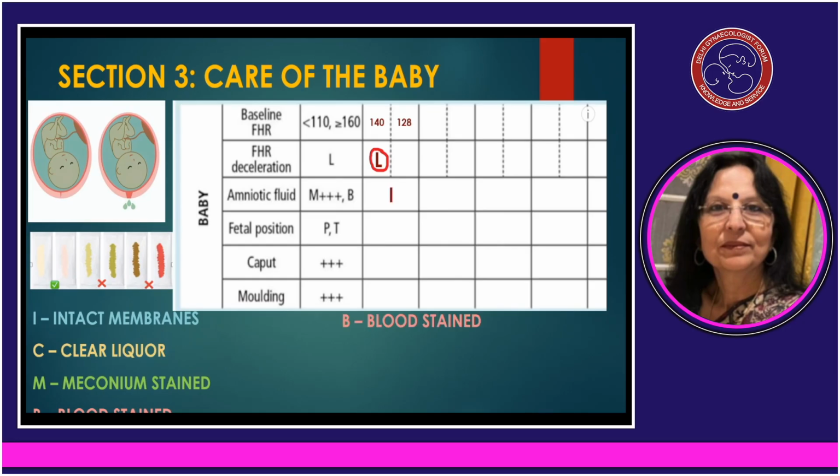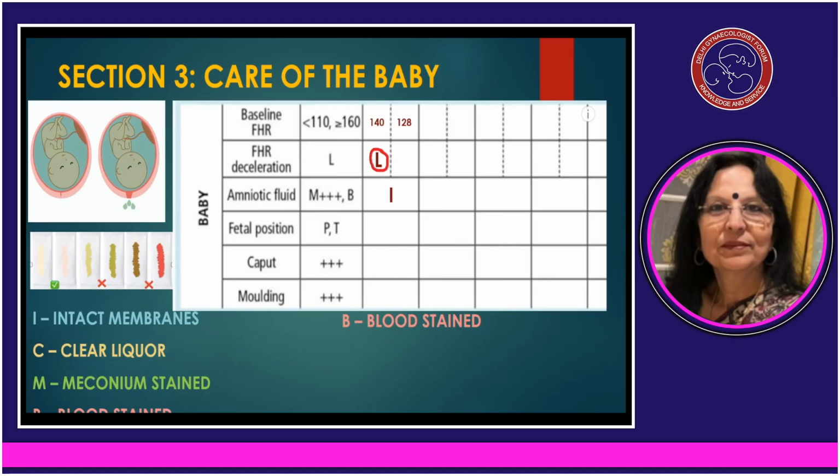And then C is for clear liquor. M is meconium stained, and meconium staining also has three grades. 1 plus is thinly stained, 2 plus is moderately stained, and 3 plus is thick meconium. So it is the 3 plus meconium which is an alert. And the blood staining, which will be written as B, is also an alert.